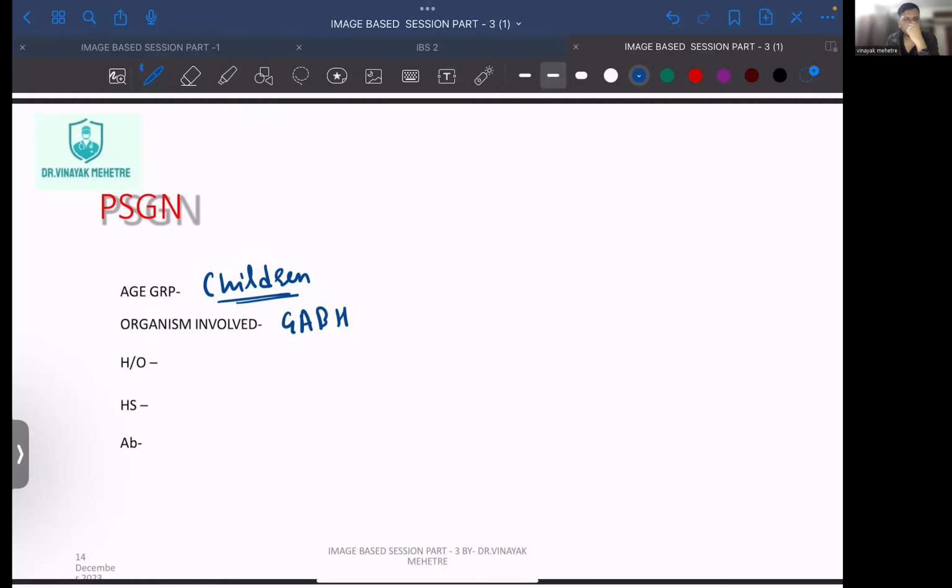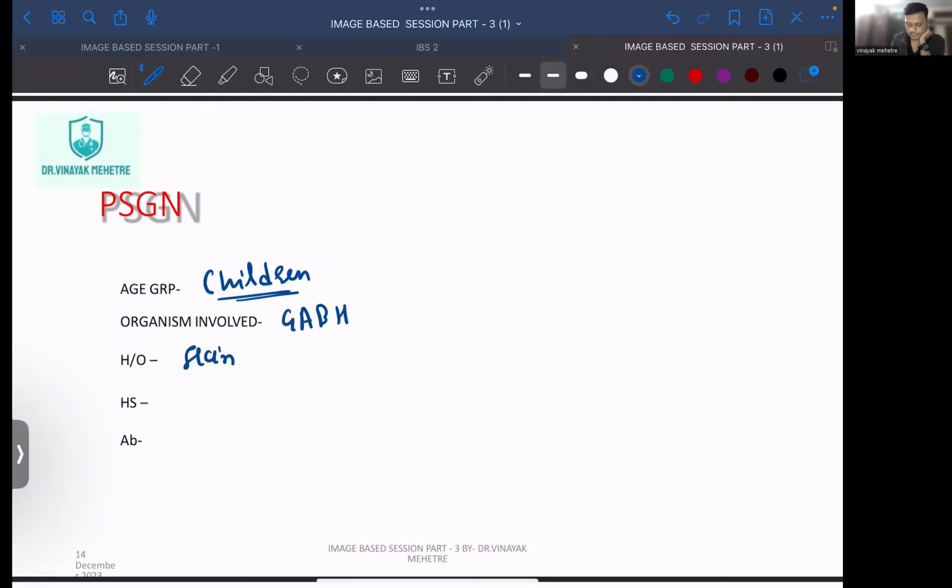Where will we find the history? Just we have discussed this one as well. History of skin or throat infection. You must have read in ENT which organism causes throat infection. So that is connected over here as well, right?